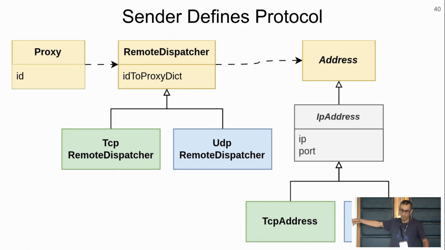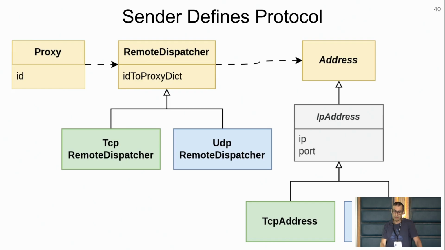I mentioned two of them, TCP and UDP, but you can have as many as you want. And the dispatcher knows the address. This is another entity I introduced here, the address of the target. So if you are using a TCP remote dispatcher, you need a TCP address, obviously, and so on.